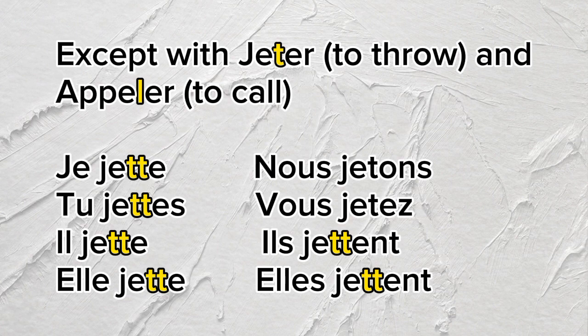You see that the double T gives it a grave accent sound. Je jette, tu jettes. But when it comes to the nous, you are not going to double the T. The T remains single. Nous jetons, vous jetez.